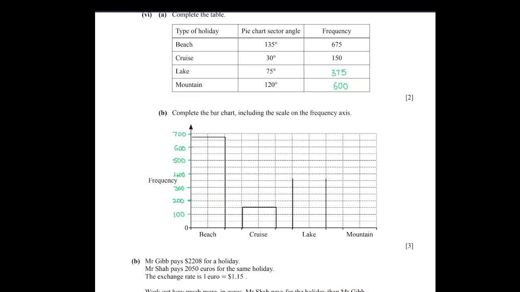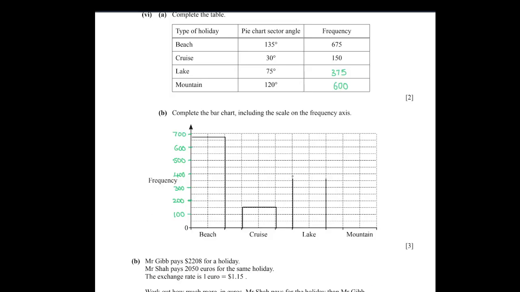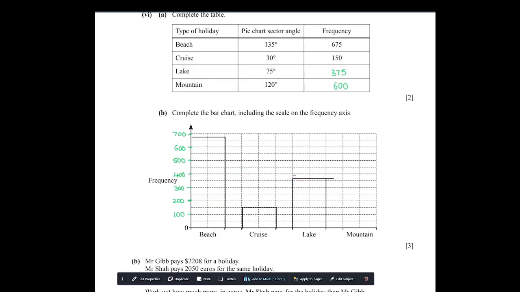This is wrong actually. It should be in between. It's not aligning properly.